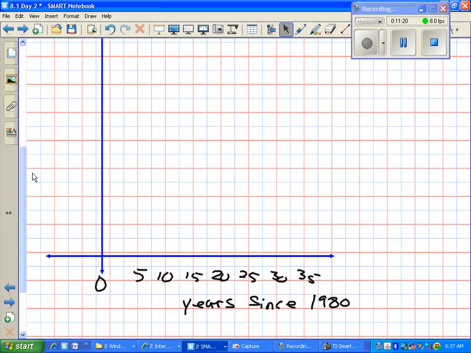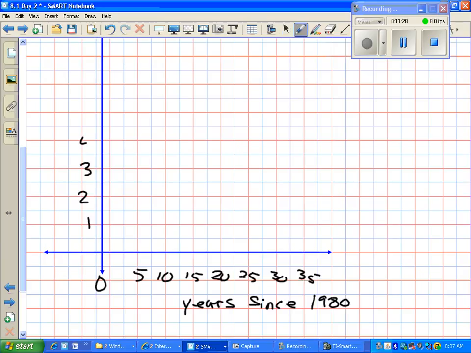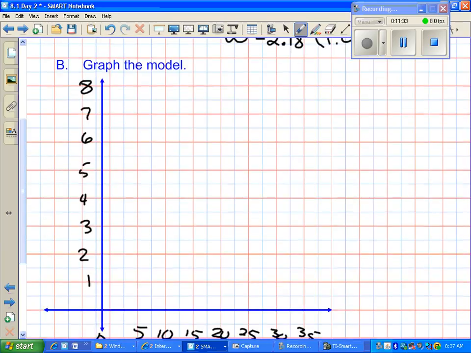So yeah, let's put every 2 as 1 million. So this is 3, 4, 5, 6, 7, 8. So that goes up to 8 million. I might have to change that later.